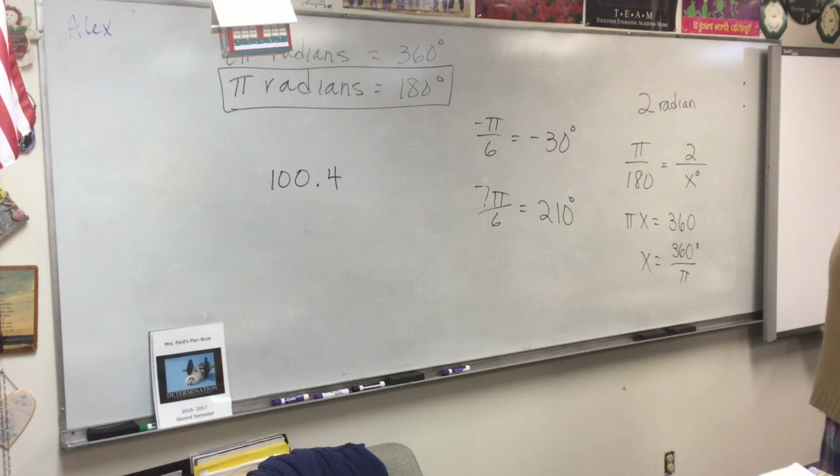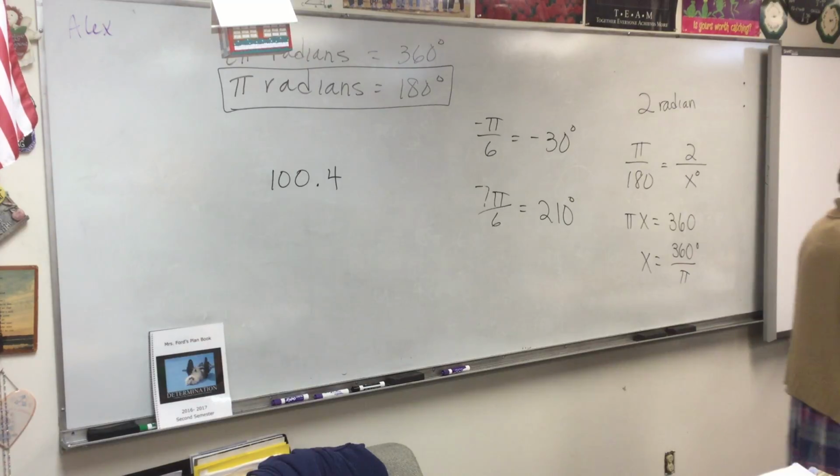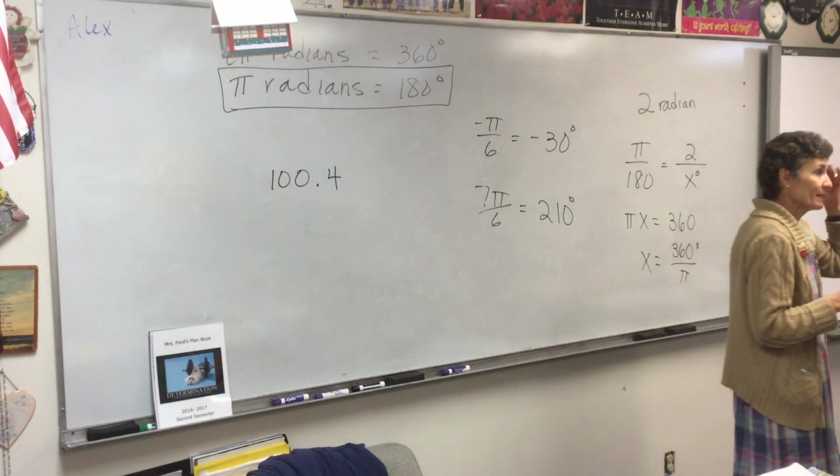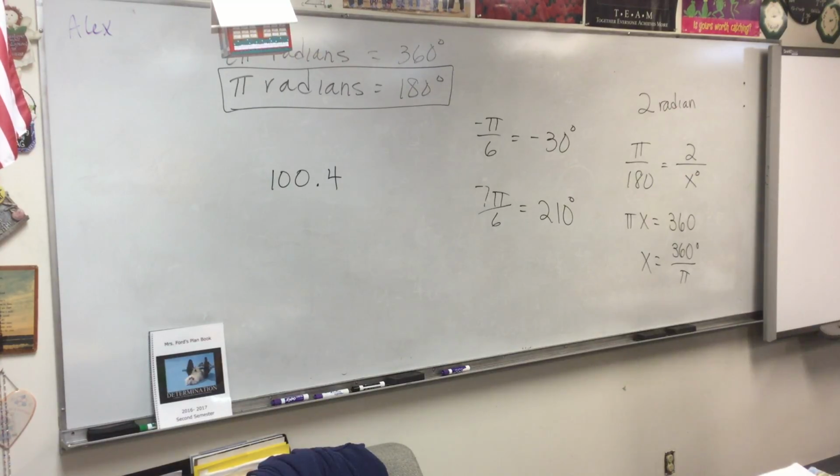Degrees can be broken up into smaller pieces. Just like a foot can be broken up into 12 inches, degrees can be broken up into smaller pieces called minutes. Sometimes if you've been listening to a show, maybe you have heard somebody say the latitude is 58 degrees, 12 minutes.